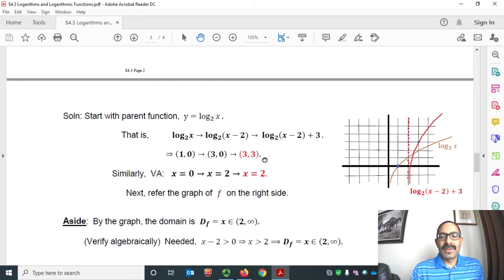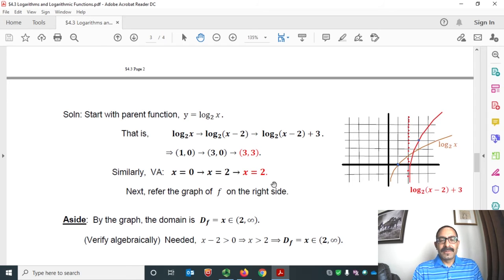So let me scroll down here. Start with the parent function, y equals log x with base 2, then shift to the right because we are subtracting 2 from the x, and then we are adding 3 on the y value. That means we are shifting 3 units up. The point (1, 0) is the reference point on the logarithmic graph.